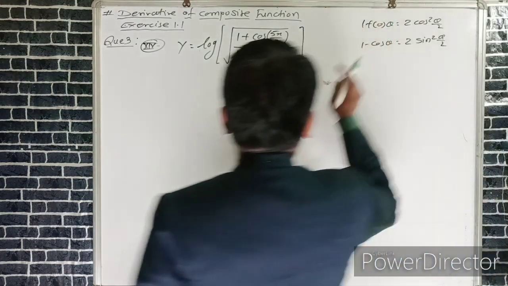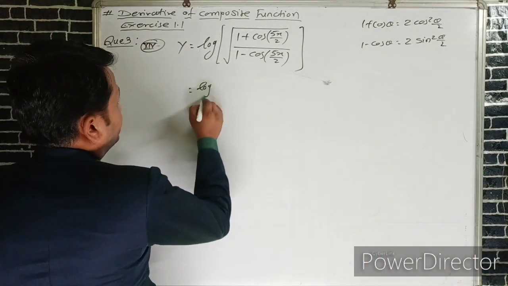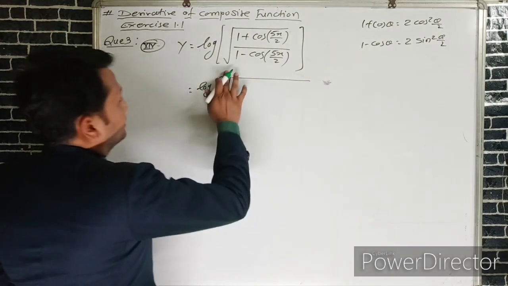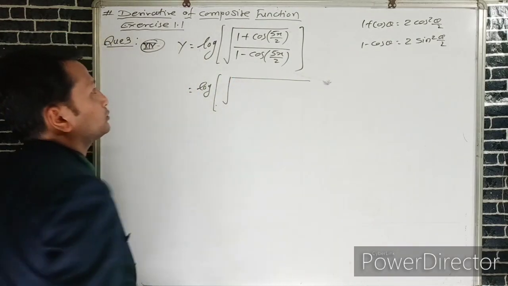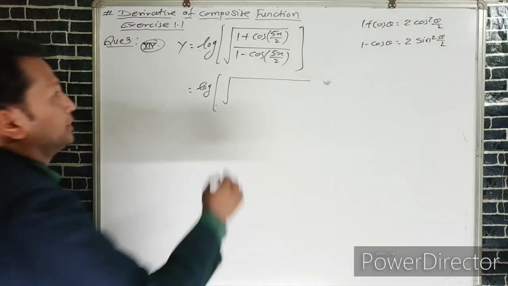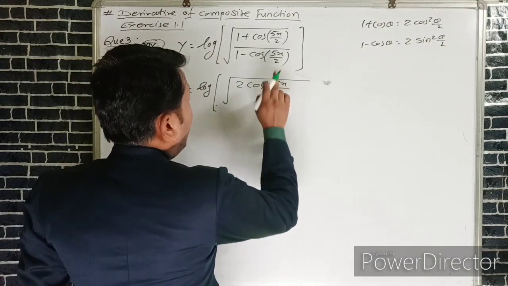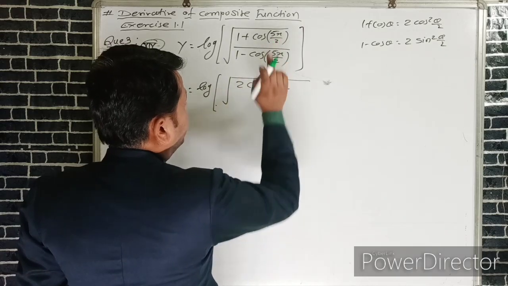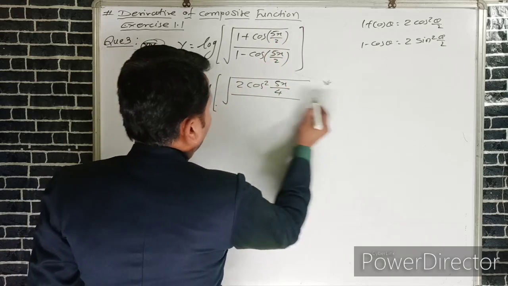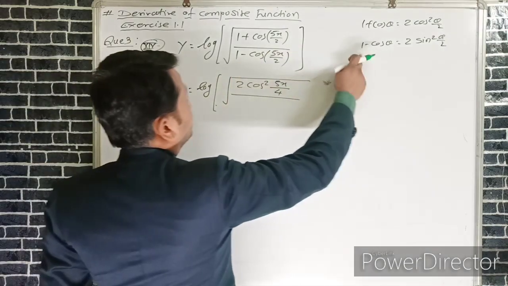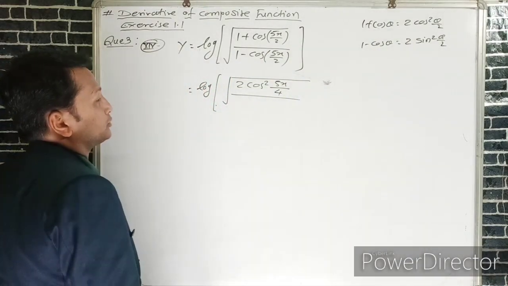If the value of 1 plus cos theta is 2 cos square theta by 2, then we can write the value of 1 plus cos of 5x by 2 is 2 cos square 5x upon 4, since half of 5 by 2 is 5 by 4. Again, the value of 1 minus cos theta is 2 sin square of theta by 2.